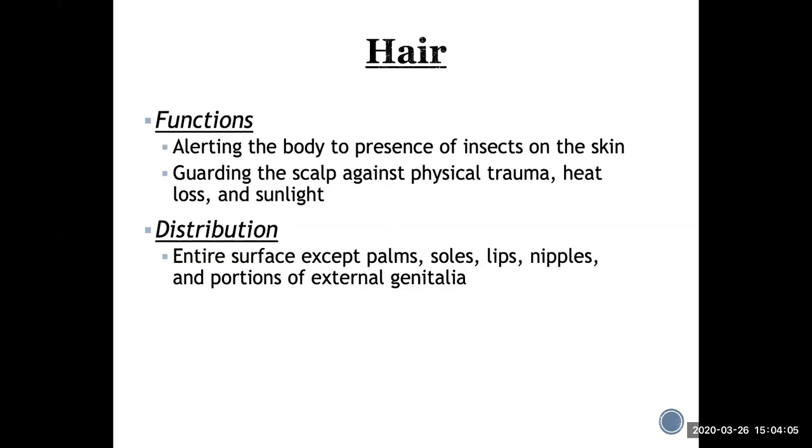So let's talk about hair. Hair is actually important, and all mammals have it all over their bodies, right? Even whales and dolphins have a fine layer of fuzz on the surface of their skin. It alerts the body to the presence of bugs and creepy crawlies on your skin.